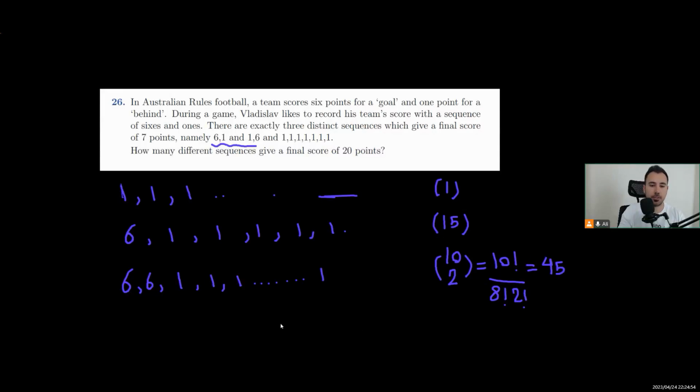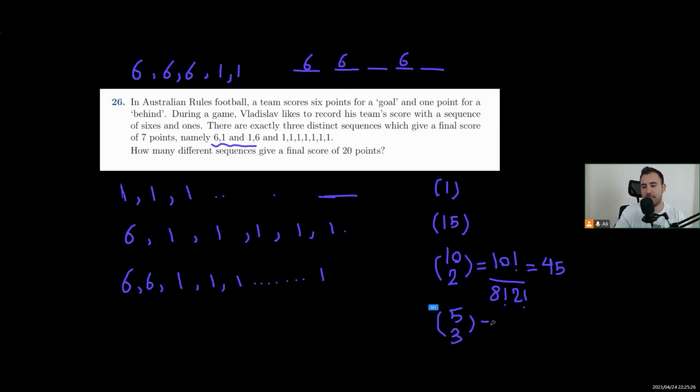Okay, so now what if we have 3 sixes? How many ones do we need to get a 20? 2 ones. So how many spots? 5. The 6s could be anywhere randomly, so combination of 5 and 3.